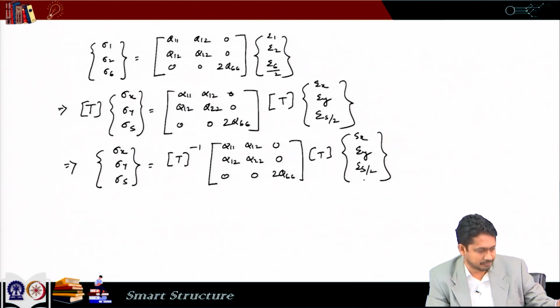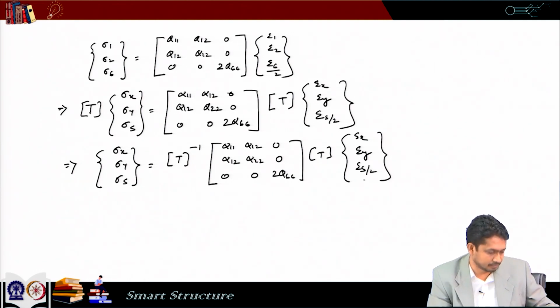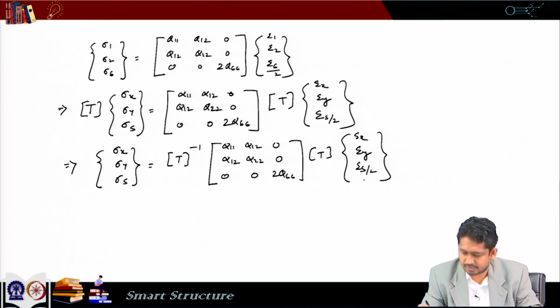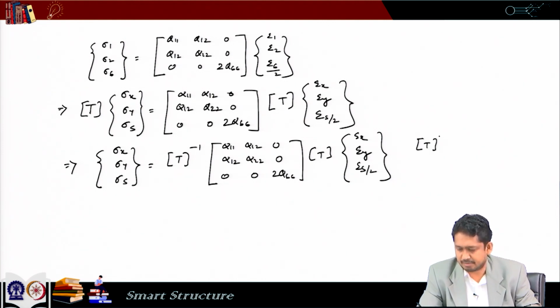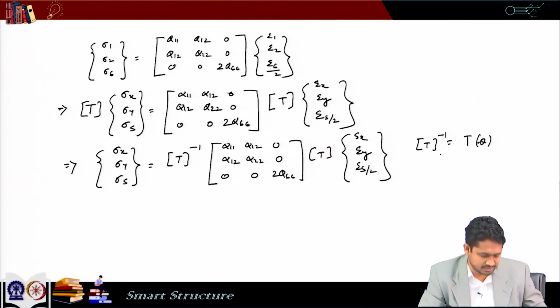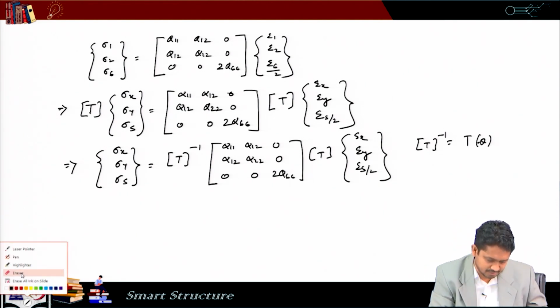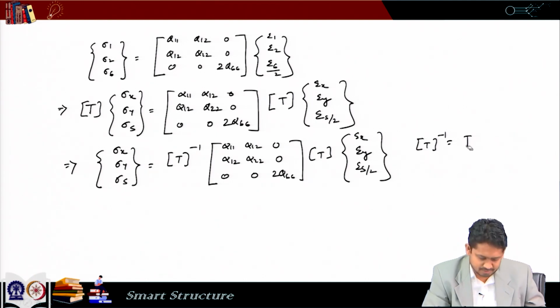And then this T matrix has a property that T inverse is equal to T of minus theta.